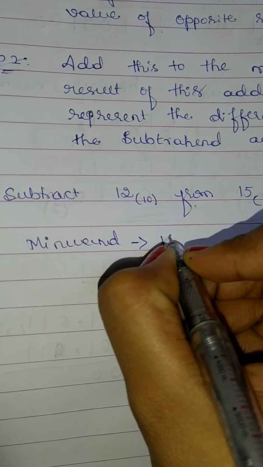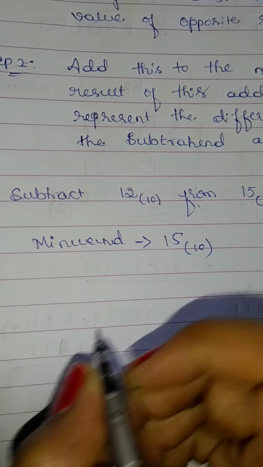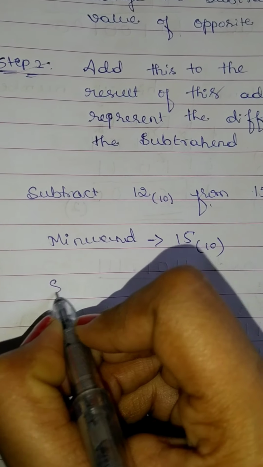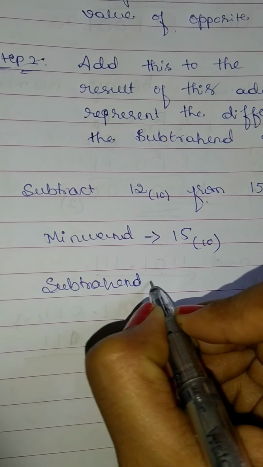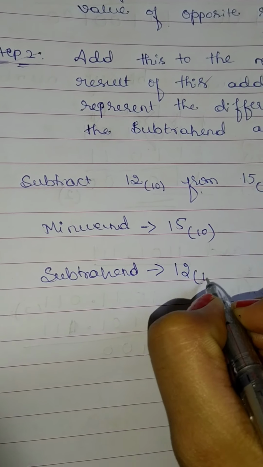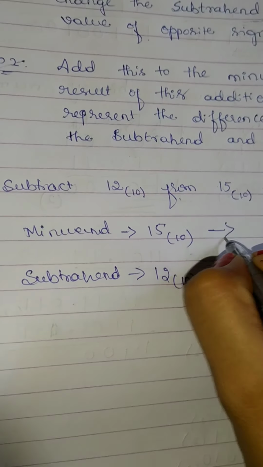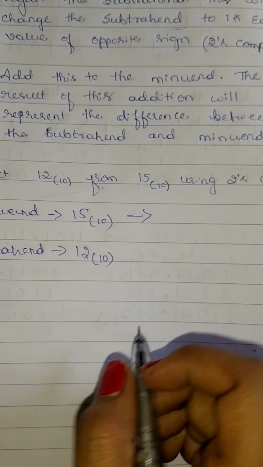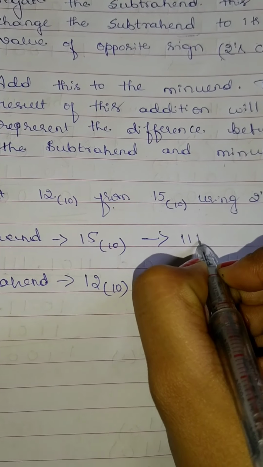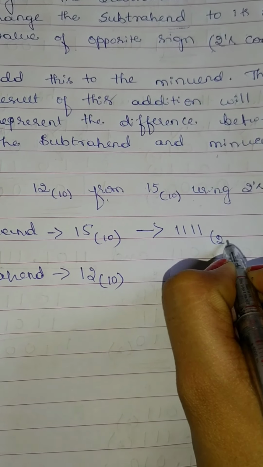So the minuend is 15, base 10, that is in the decimal form. Then the subtrahend, its value is 12, base 10. So what is the equivalent binary value of this 12? That is 1100, base 2.